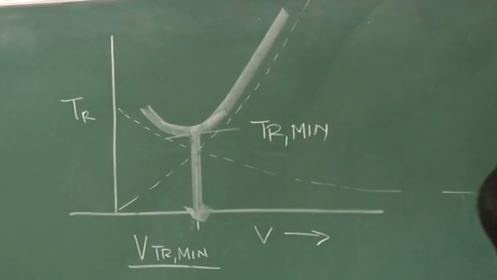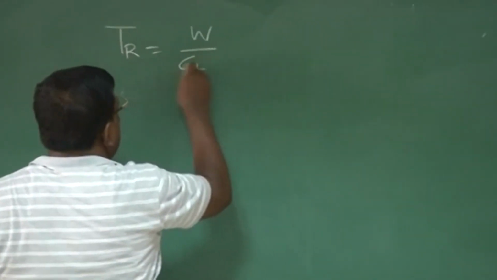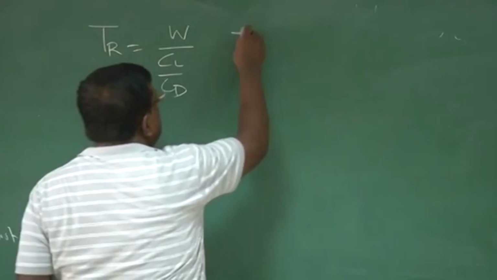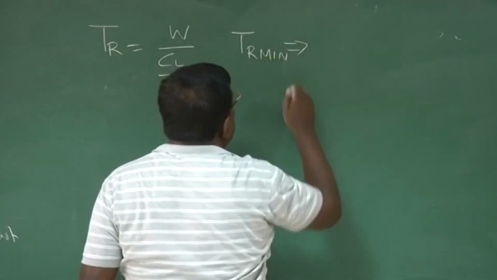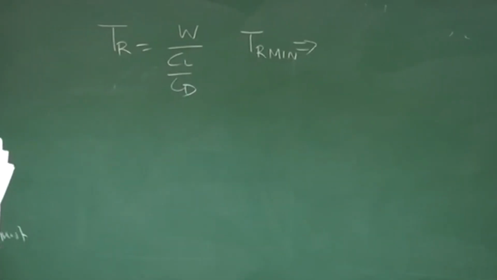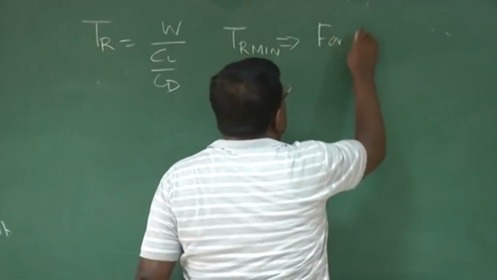Let us first understand thrust required, we have seen is W by CL by CD. One thing is very clear to us, if I want to have thrust required minimum, this implies for a given weight W, CL by CD should be maximum, right?